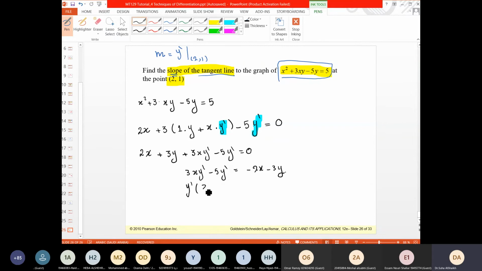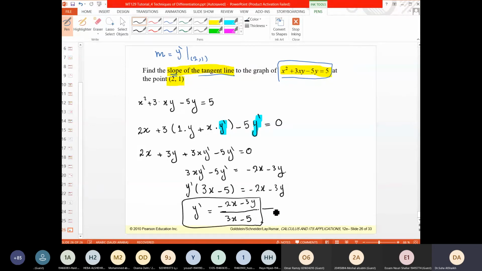We remain with 3x minus 5 equal to minus 2x minus 3y. So y dash is equal to, what's this? Minus 2x minus 3y divided by 3x minus 5. I get the y dash, done.